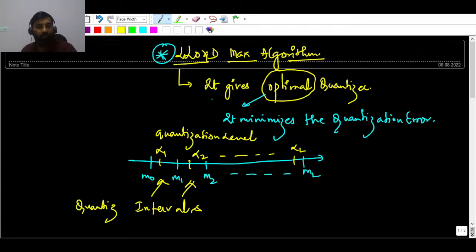So what Lloyd Max algorithm says here is that if you want to minimize the quantization error, or you can say the mean square quantization error, not only the quantization error, then what you can do here is, if quantization intervals are given, right?